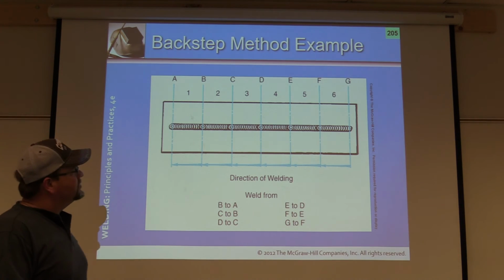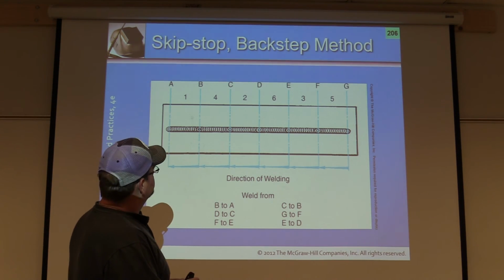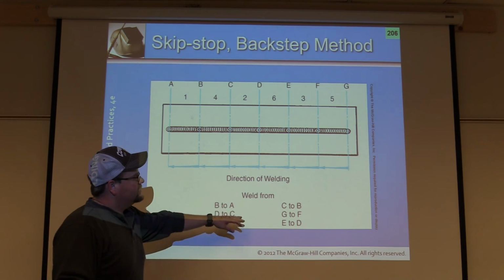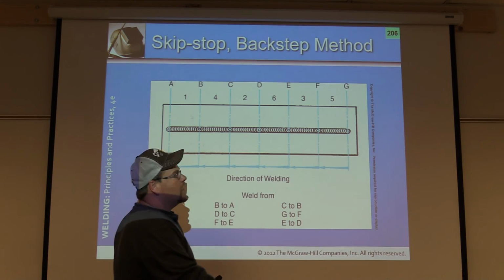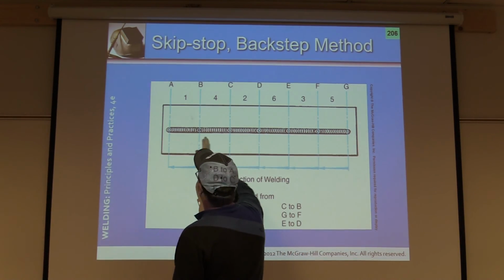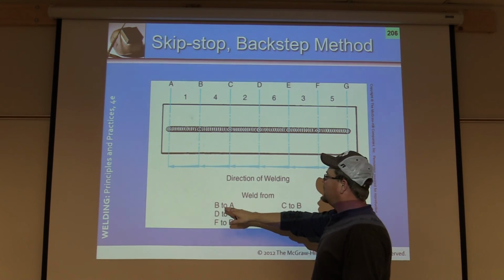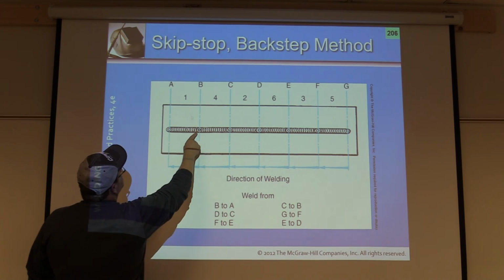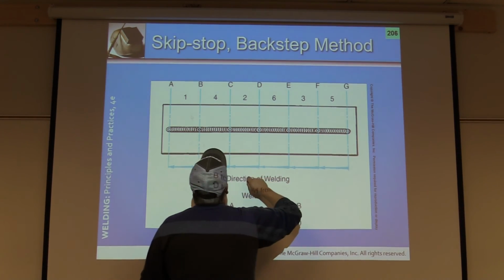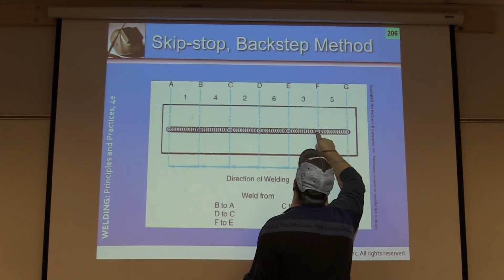This is one common way to control distortion. So what you're seeing here is one way to control it. If we just started here and started welding, putting a lot of heat in there, the whole thing would just kind of warp up. But what it's telling us is to go from B to A. So we go here, then we come back down here, we weld here, and then weld here, and then weld here.